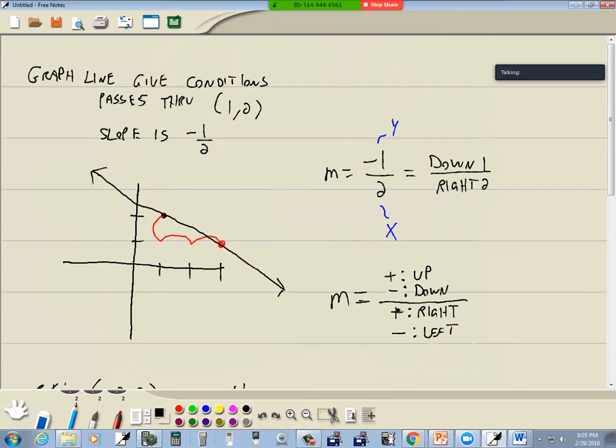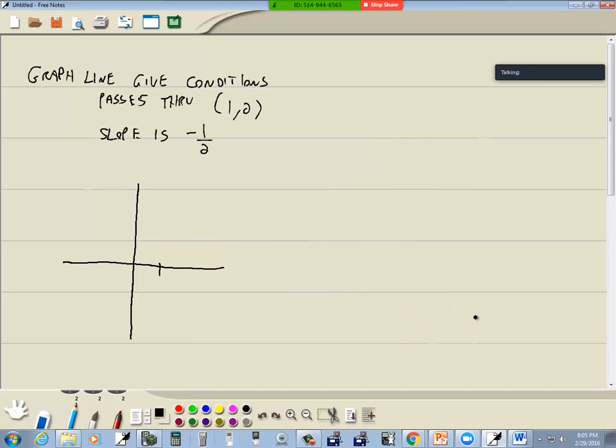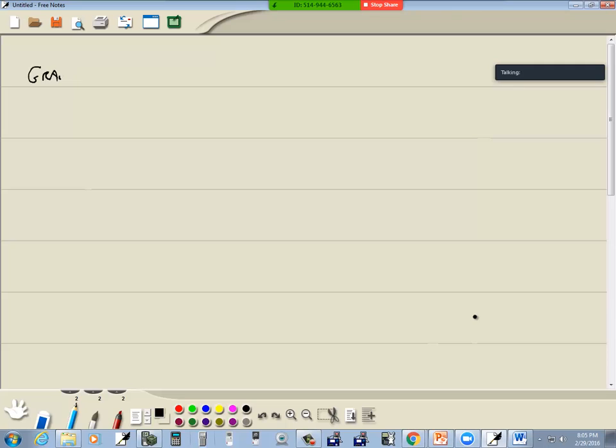Let me clear that off. And this example would be where we want to graph something like 2y plus 4x equals 2.